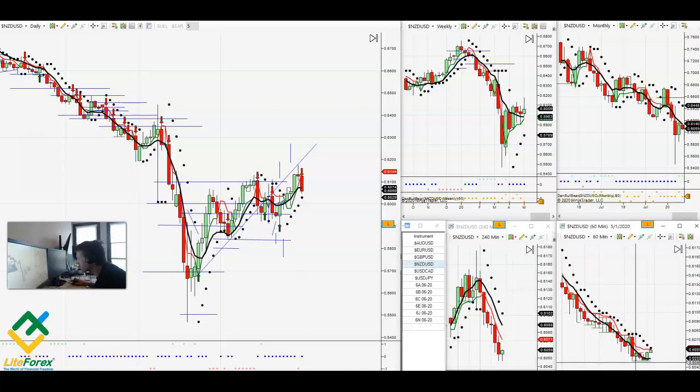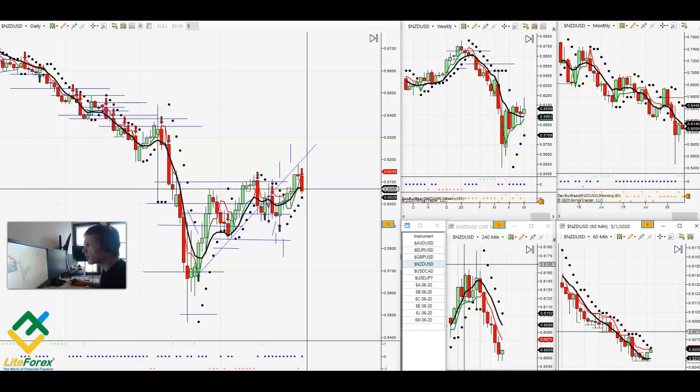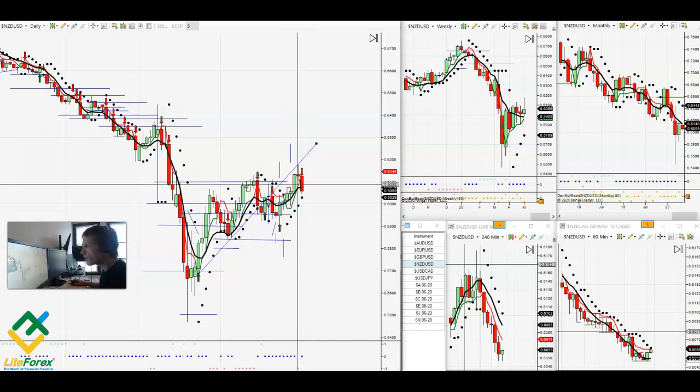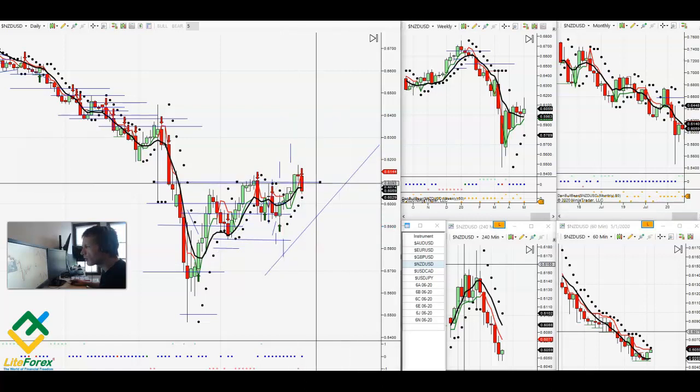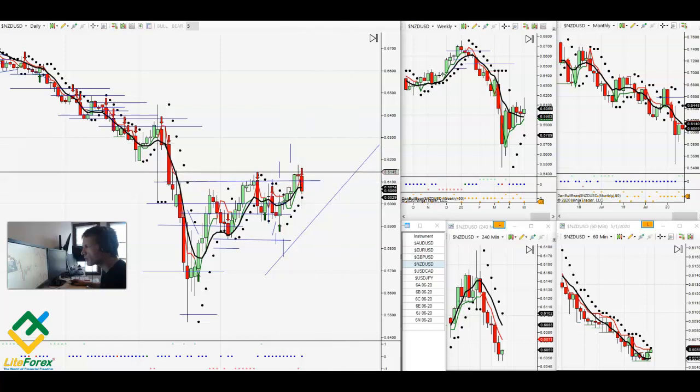You can see on the 60, the support at the low here, 60.47. 60.47 was hit a couple times, and then we're turning around. So look for this to have a bounce. 61 is going to be very important resistance price.